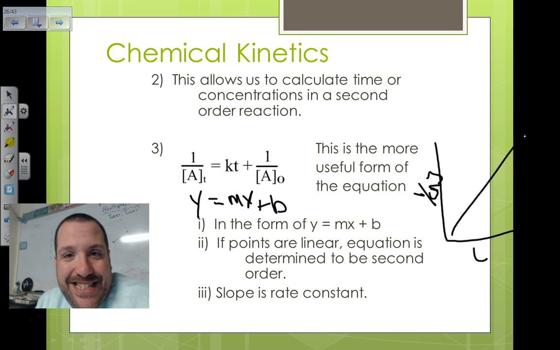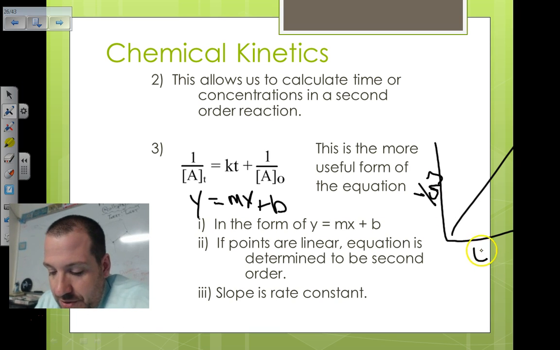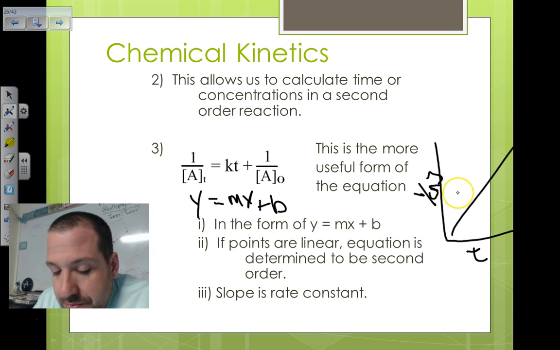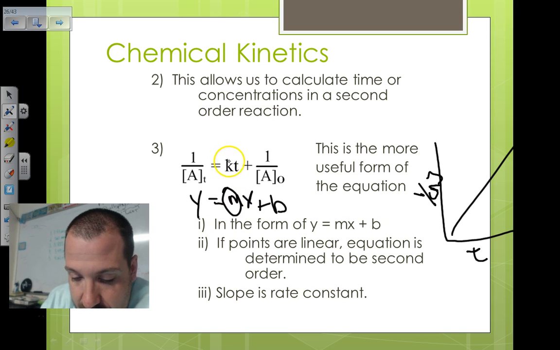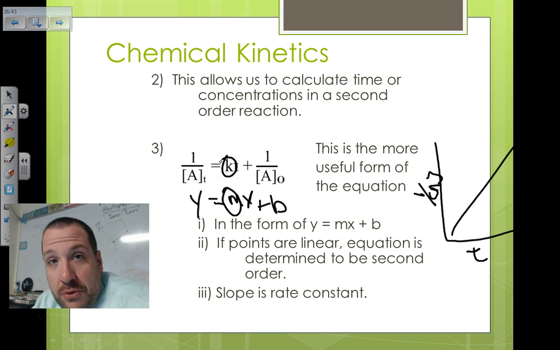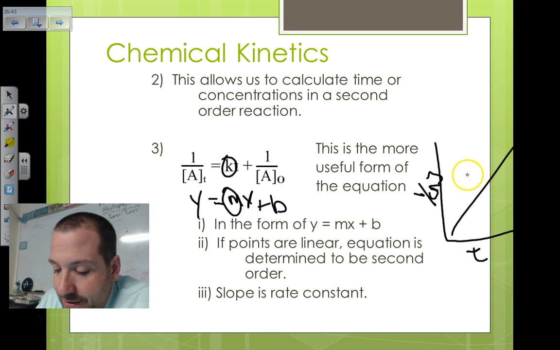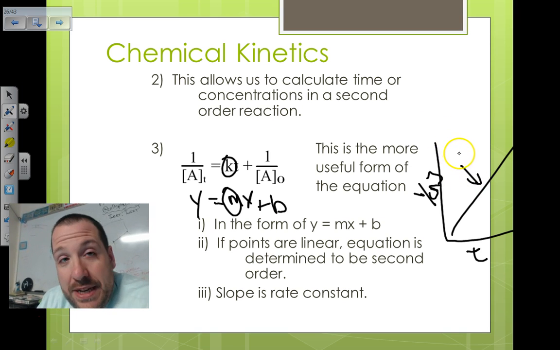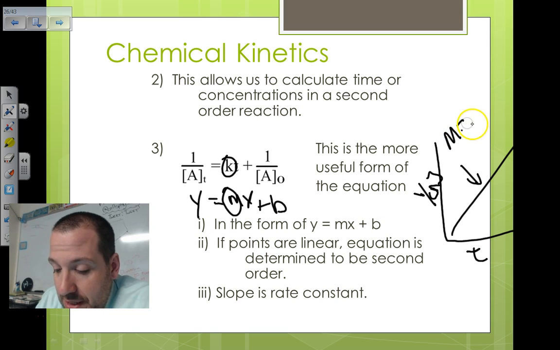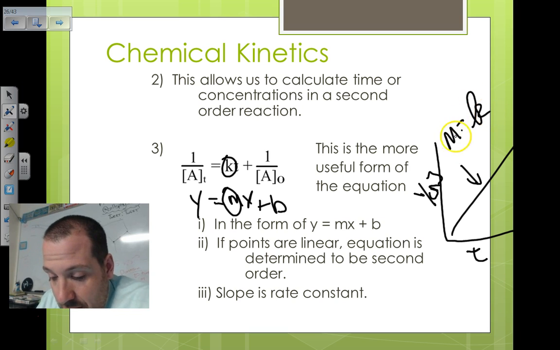If 1 over A versus t is not linear, we don't know that it's first order. What we know is it's just not second order. I think that's important. In this case, what's m? In first order, the slope was negative k. If it's second order, then it's not going to be negative k. The slope is going to equal k, no matter what, as long as it's linear.